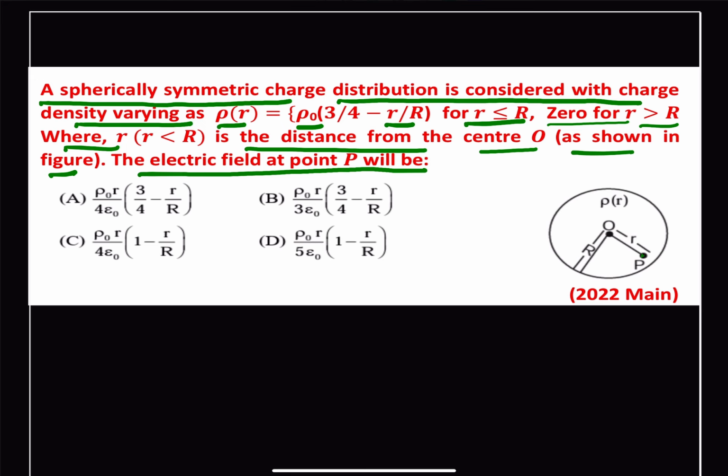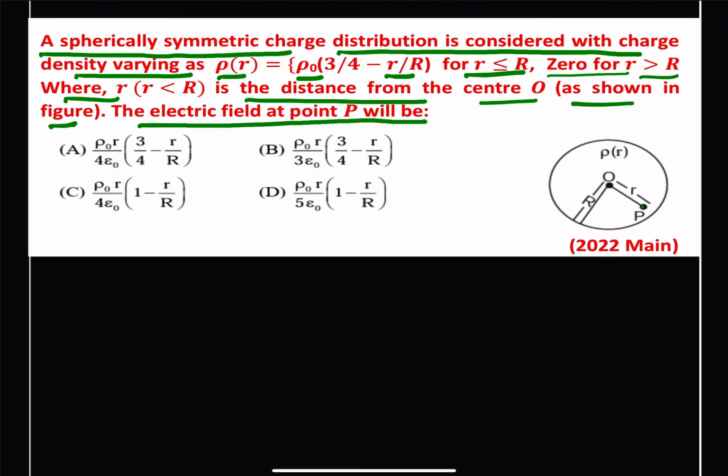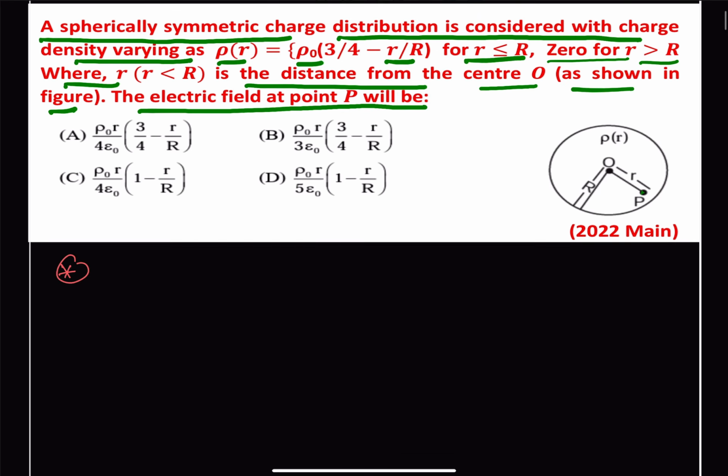We are given that our charge density, rho of r, is equal to rho naught times 3 by 4 minus r upon capital R, and this condition is true when small r is less than or equal to capital R. So for any point inside the sphere, we take the charge density by this equation, and it is 0 for any point lying outside the sphere.